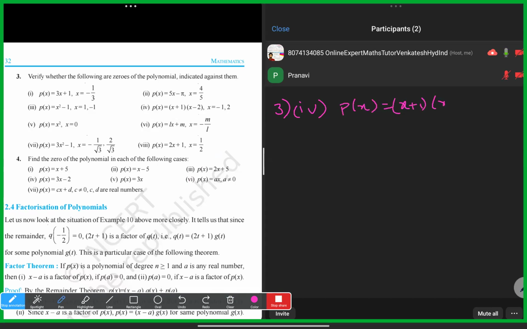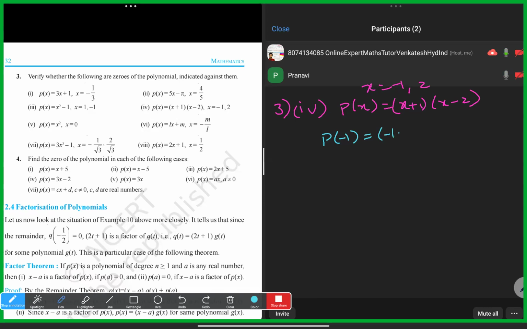So x plus 1 into x minus 2. The x values are, this time, given as minus 1 comma 2. So I'm doing p of minus 1.